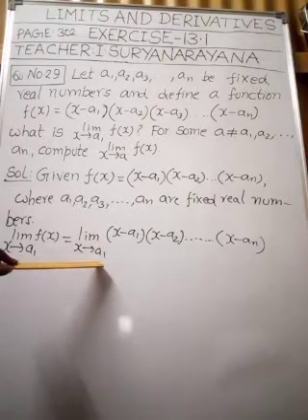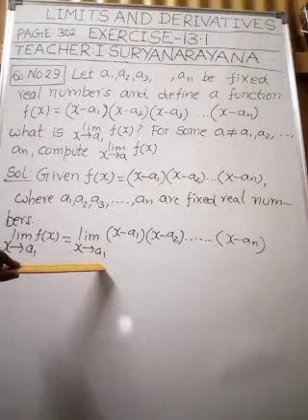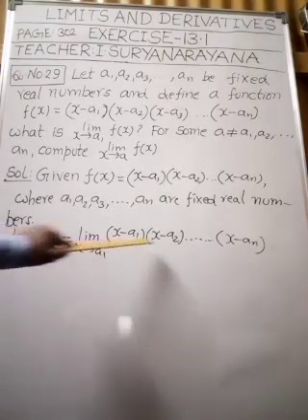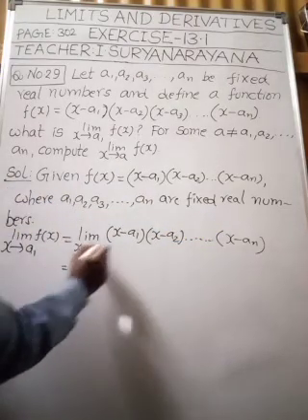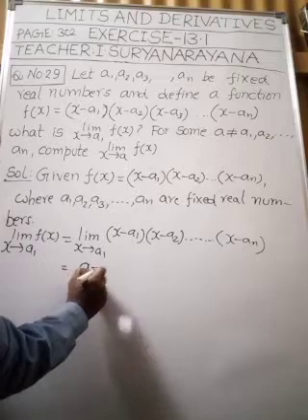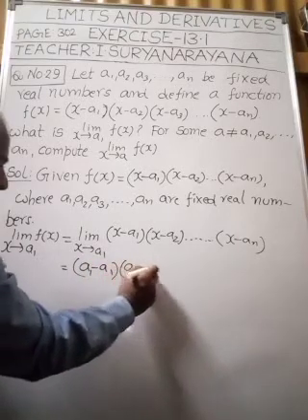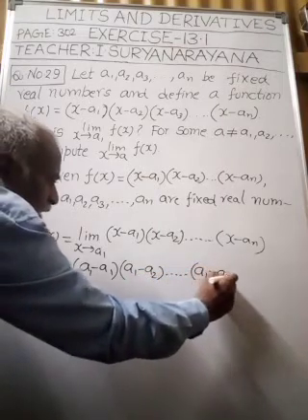What is the first and foremost method? Do you remember that method, my children? Yes, substitution method. Let us substitute x is equal to a1 in this function. Okay, my children? Right. So, a1 minus a1 into a1 minus a2 and so on, a1 minus an.